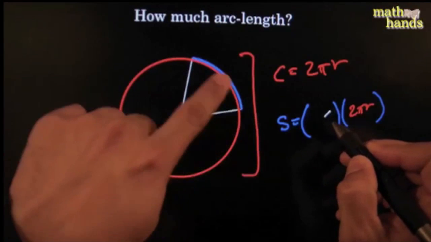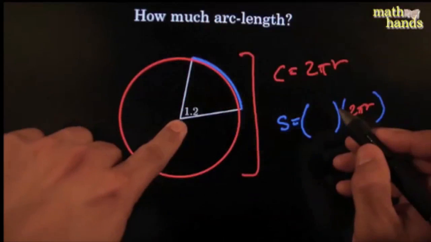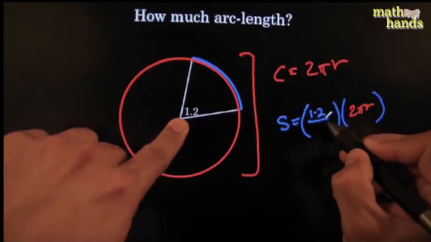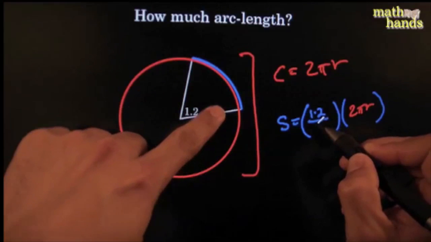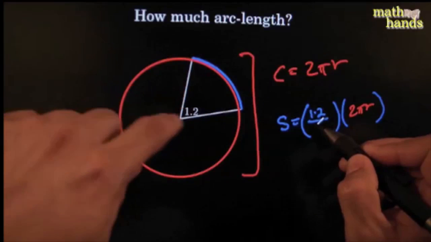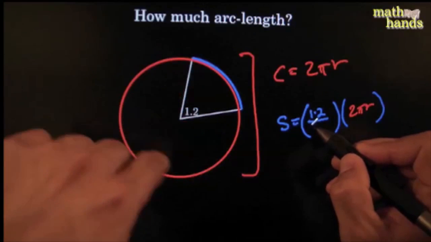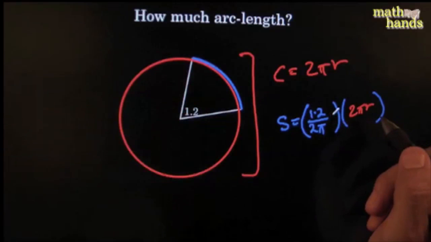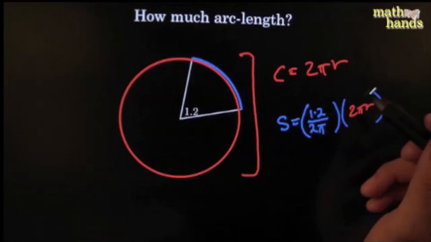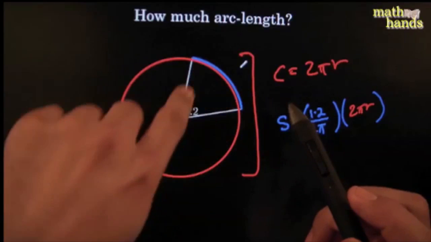All we got to do is figure out what portion we have here. Well, we have 1.2 radians, and the only question is how many radians are there all the way around. Remember we talked about this, about 3.14 on the top, about 3.14 on the bottom, exactly pi on the top, pi on the bottom, exactly 2 pi radians all the way around the circle. So this is how much arc length there would be when it's given in radians.